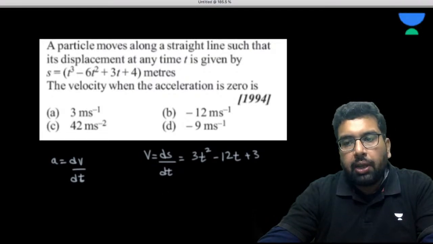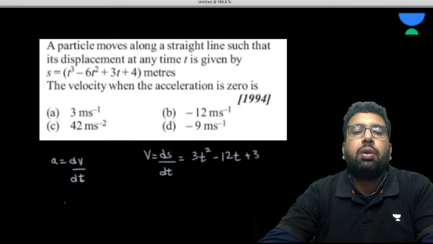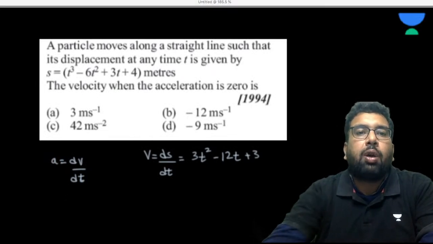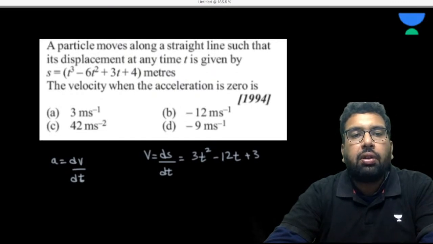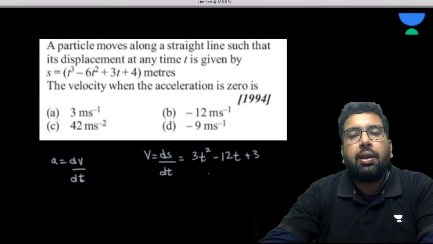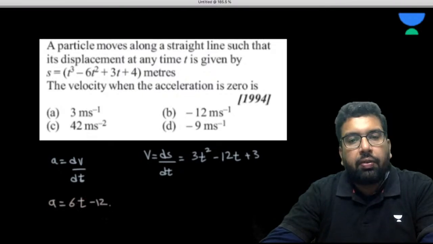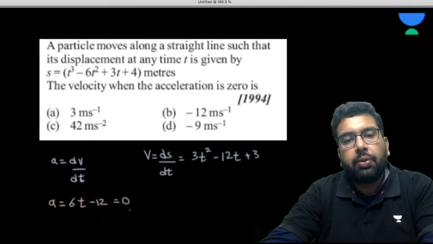Now what is going to be the acceleration? Acceleration is dv by dt, so it will become 6t minus 12. Now it says the velocity when acceleration is 0, so we put it equal to 0 here.